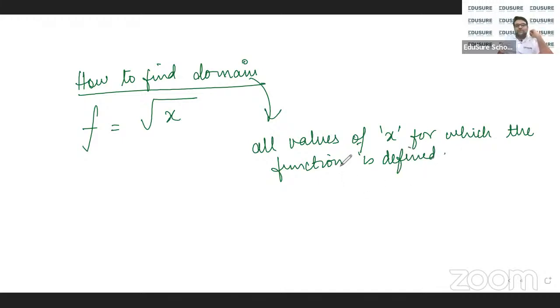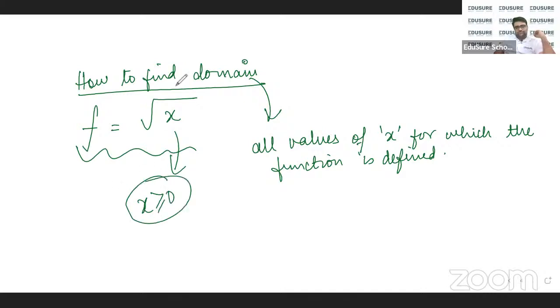All values of x for which the function is defined gives us the domain. So if a question asks f(x) is equal to root x, what is the domain? The domain is under root. I can't have a negative number. So the domain is x greater than equal to 0.